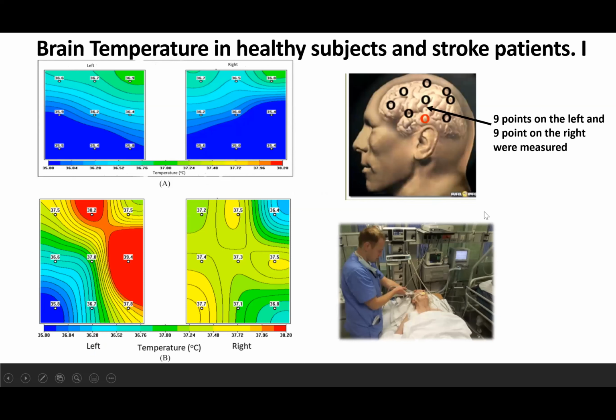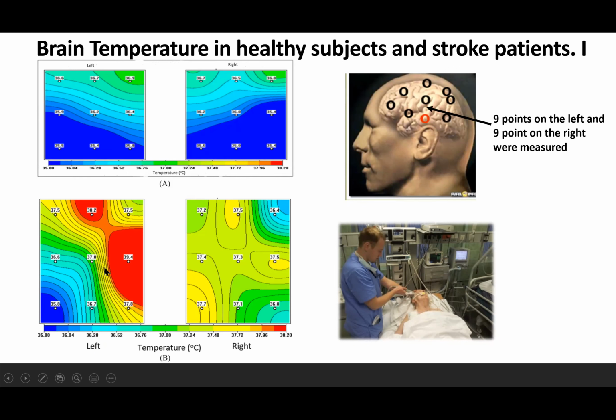Now brain temperature. You can see the device on the picture in the bottom right corner. This is how the device is applied to the patient. We are measuring at 9 points, the 9 points of the left hemisphere and the right one, so altogether it's 18 points. You could see in healthy patients the temperature is in blue, which means normal.